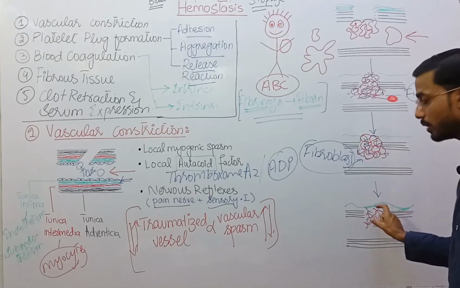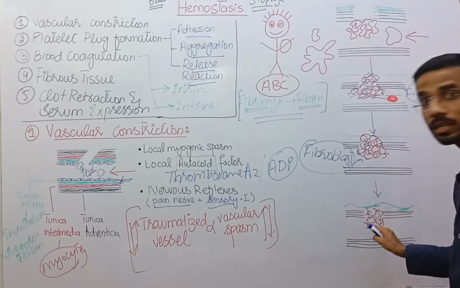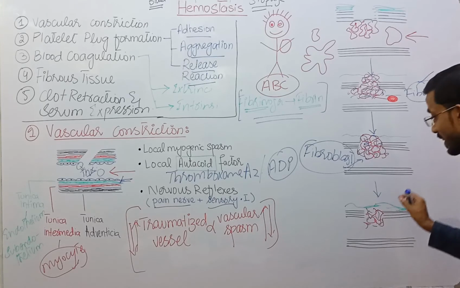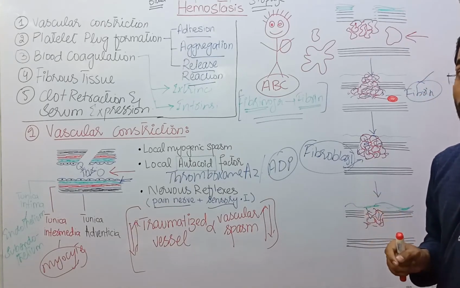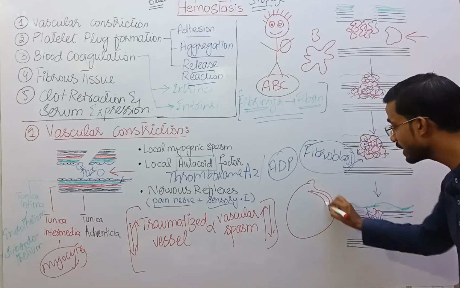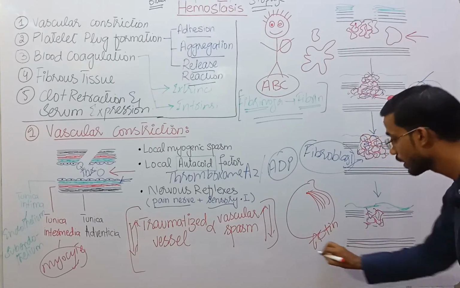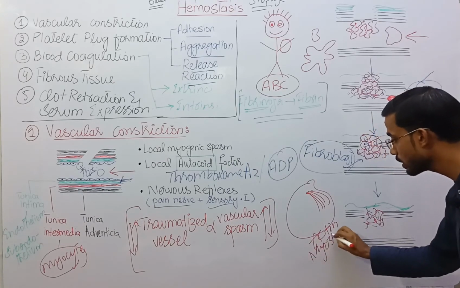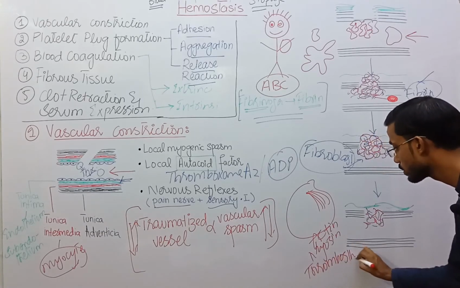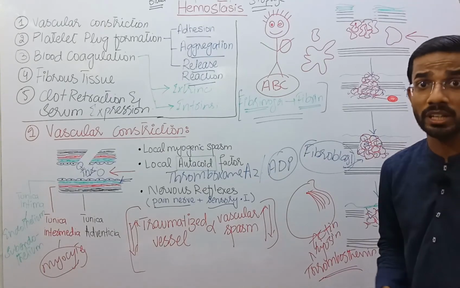The last one is the wound contracts. Why? As you know, this clot has a lot of platelets in it, and these platelets, as I have told you in the previous lecture, have different proteins in them, like actin, myosin, and thrombosthenin. These are actually contractile proteins which contract.